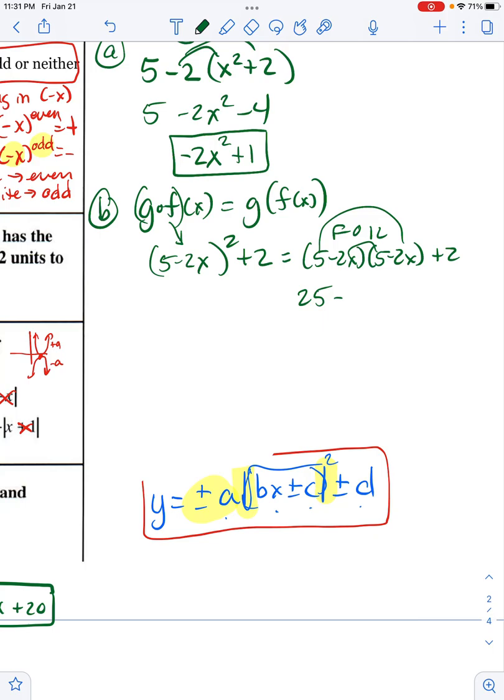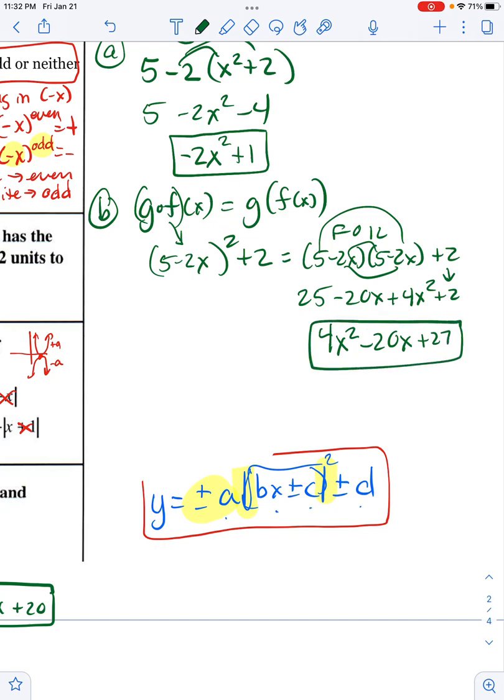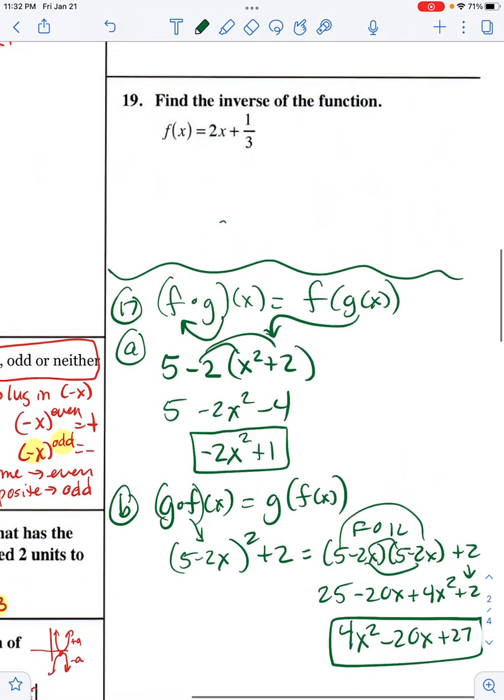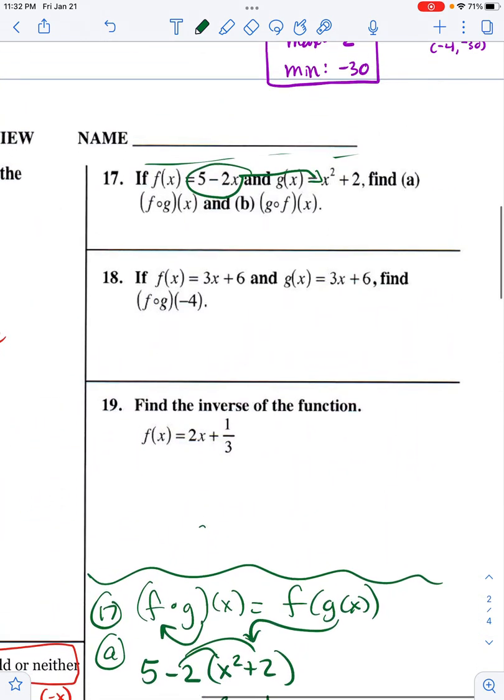Outside is negative 10x. Inside's another negative 10x. So I get negative 20x. And then plus, because negative times negative, 4x squared, and then plus 2. So let's write that in order. Highest power first, next highest power, and then 25 plus 2. So those are easy or difficult depending on what you're plugging in.